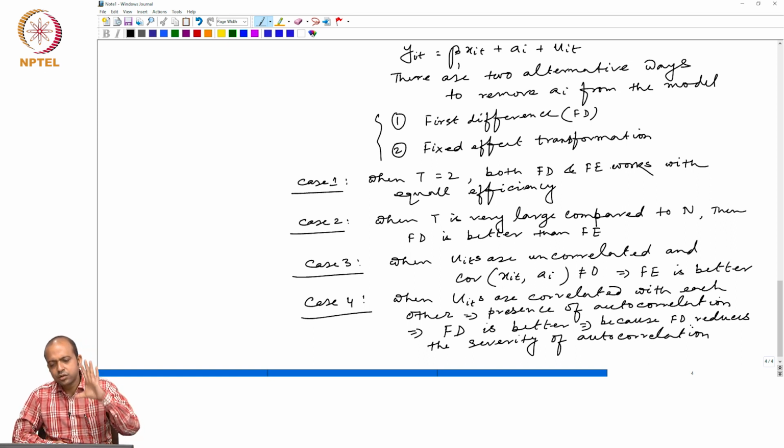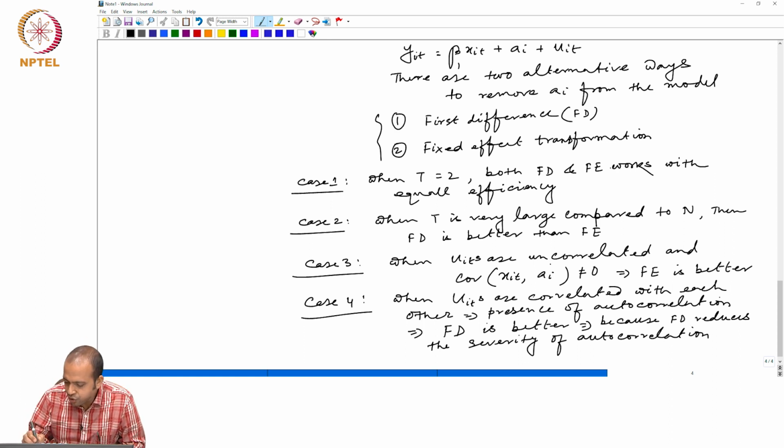So, in general, we need to understand that when the time period is small, we have a large or macro panel, N is very large, the unobserved effect is correlated with one or more explanatory variables, and the UITs are uncorrelated. When we say that UITs are uncorrelated, we are basically talking about strict exogeneity. This is AI, or you can say that AI is another component.